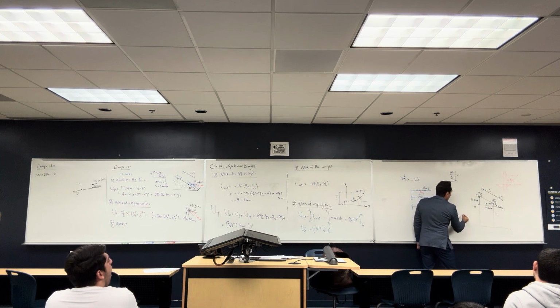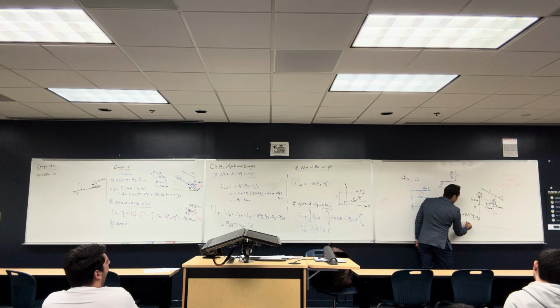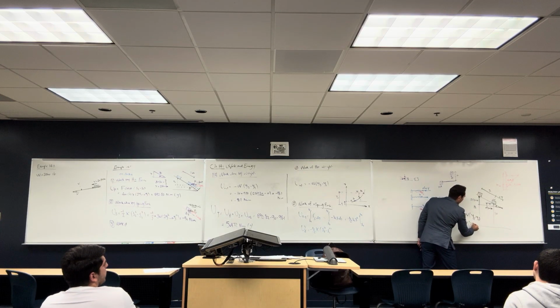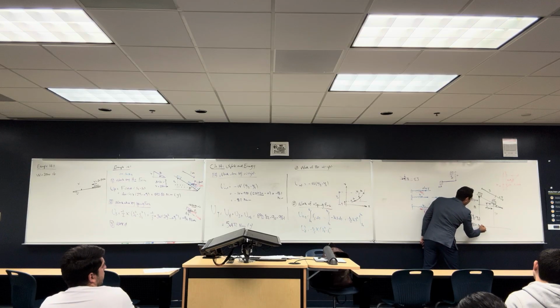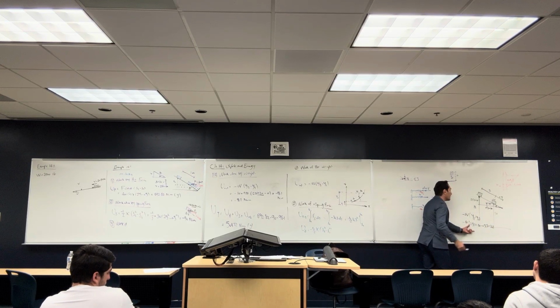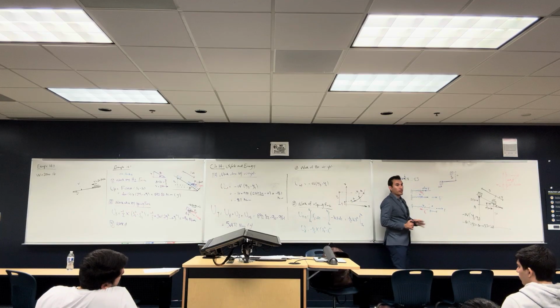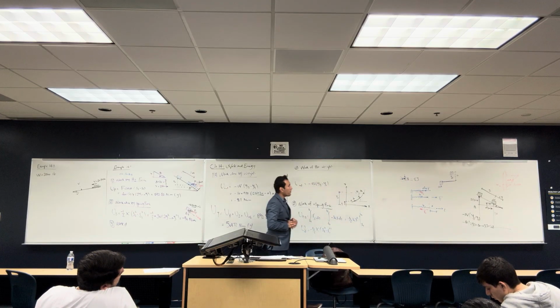So when you say negative w, y2 minus y1, it's negative w times 2.5 sine 30 minus 0.5 sine 30. So it's going to be 2 sine 30. Even if you take it all the way down, choose your datum anywhere, it's going to be the same thing.